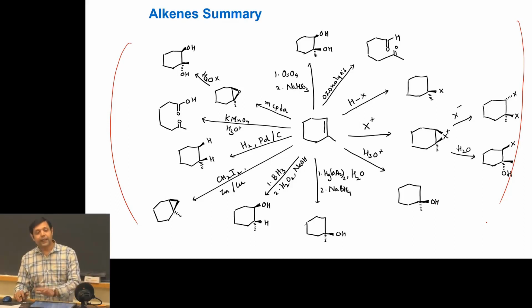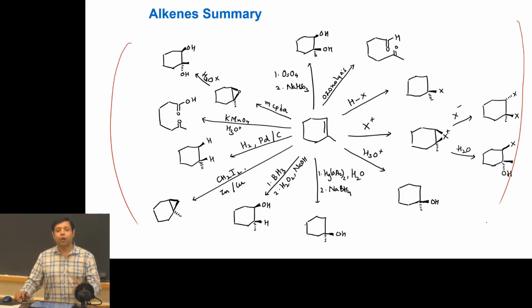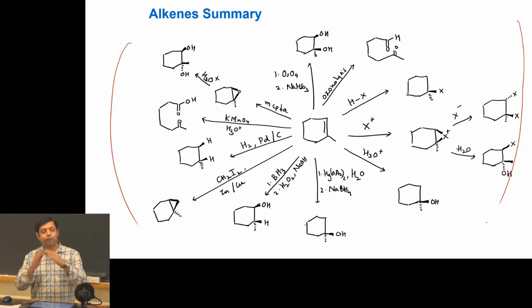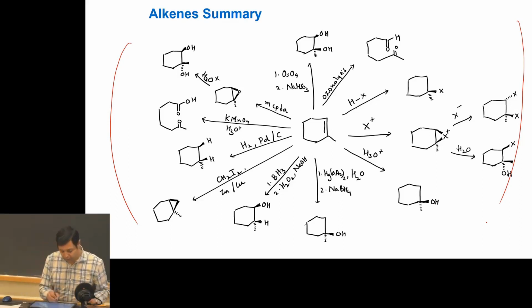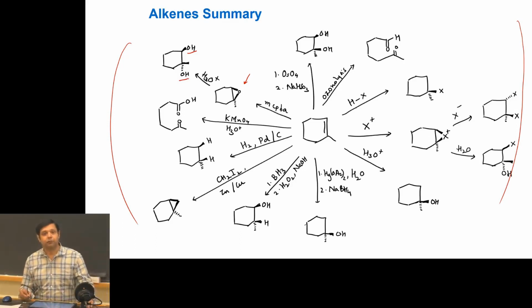Alright. The second thing you want to keep in mind is don't memorize these reactions. Try to understand how you form the product. For example, we have studied three reactions where we have opened up a three-membered ring. Anytime you open up a three-membered ring, the reaction will generate anti stereochemistry. For example, if you open up an epoxide, you will get anti stereochemistry. In the case of halogenation, you open up a three-membered ring, you get the halogens with anti stereochemistry.